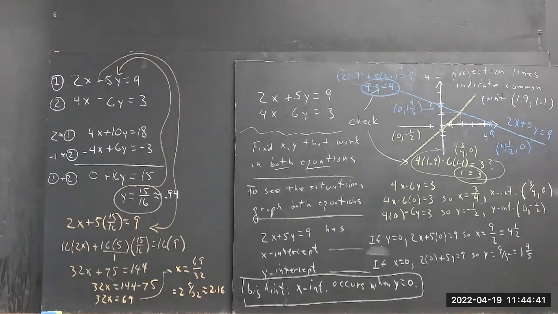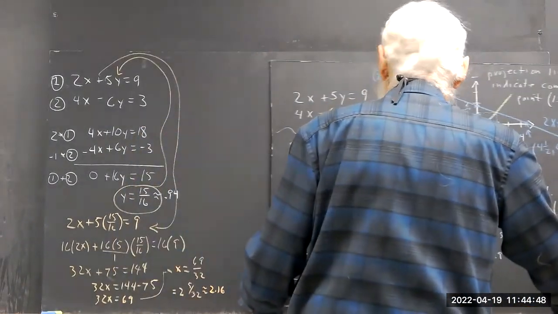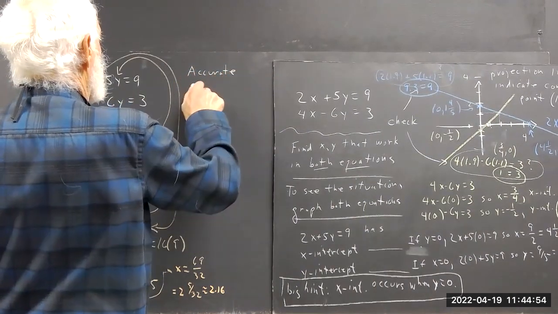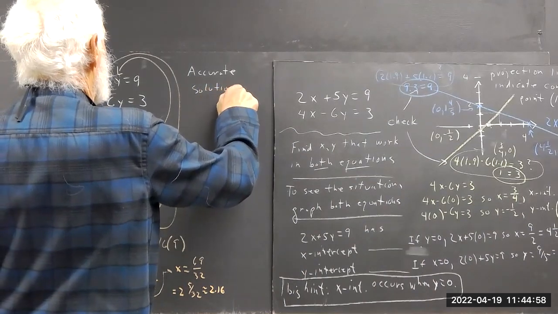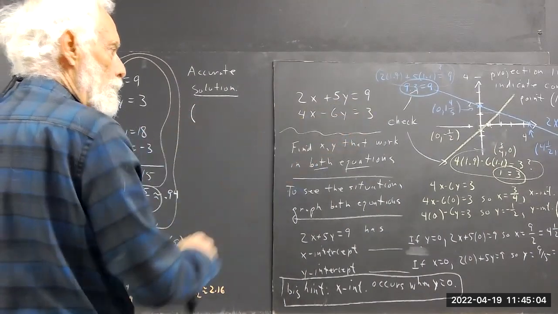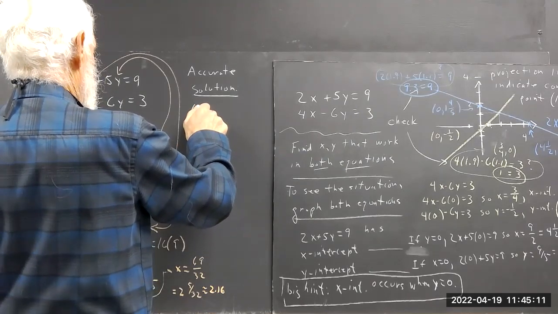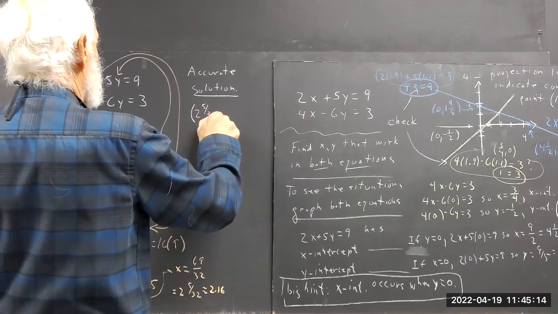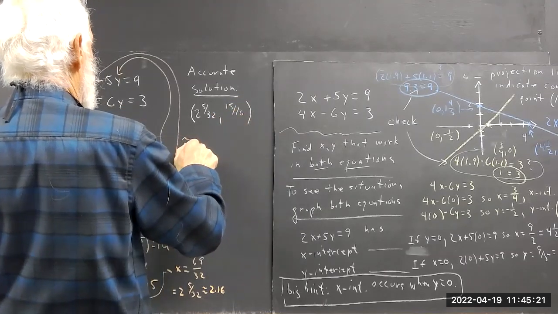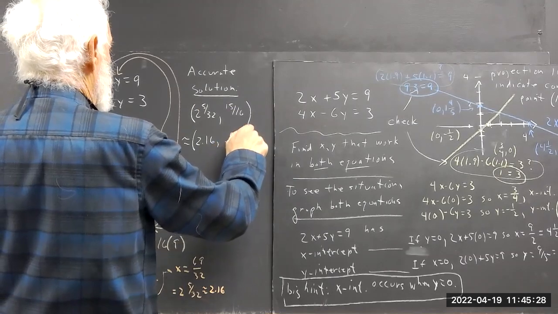Okay, so the accurate solution for the point where they cross, the coordinates of that point, would be 2 and 5/32, 15/16, which is approximately 2.16, 0.94.